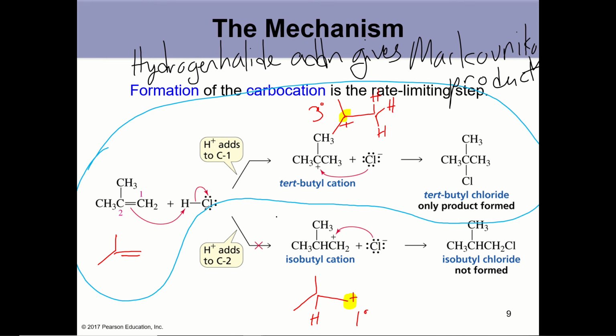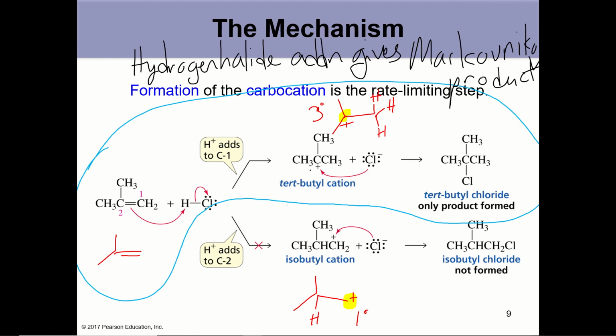They are showing the mechanism here, and you could use this mechanism for your mechanism in your functional group notebook if you desire. So here we have the pi bond reacting with hydrogen, the bond between H and Cl breaking. Then that gives us the tert-butyl cation preferred.